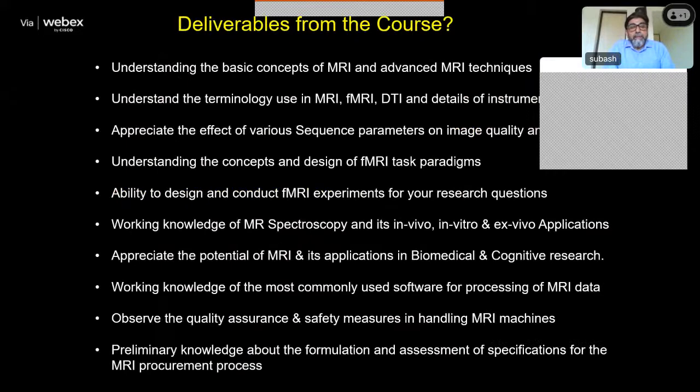So at the end of the course, we expect the participants to understand the basic concepts of MRI and advanced MRI techniques, understanding the terminology used in MRI, fMRI, DTI, and details of instrumentation, and then appreciate the effect of various pulse sequences and the sequence parameters on image quality and contrast, understanding the concept of design and fMRI task paradigms for doing functional imaging experiments, ability to design and conduct fMRI experiments for your research questions, working knowledge of MR spectroscopy and in vivo, in vitro, and ex vivo applications, appreciate the potential of MRI and its applications in biomedical and cognitive research, working knowledge of the most commonly used softwares for processing of MRI data, observe the quality assurance and safety measures in handling MRI machines, then preliminary knowledge about the formation and assessment of specification for the MRI procurement process.